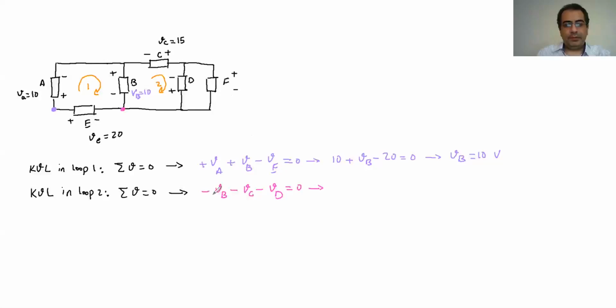I started from B, it's got the negative and the magnitude is 10. Then for C it's the negative and the magnitude is 15. And then I have negative and VD. If we do the calculation, VD comes out as negative 25. Yeah, it's a negative.